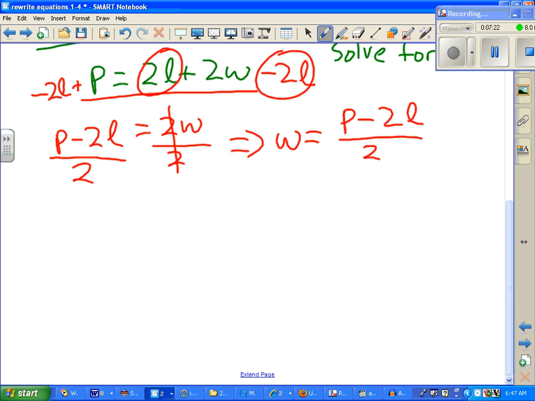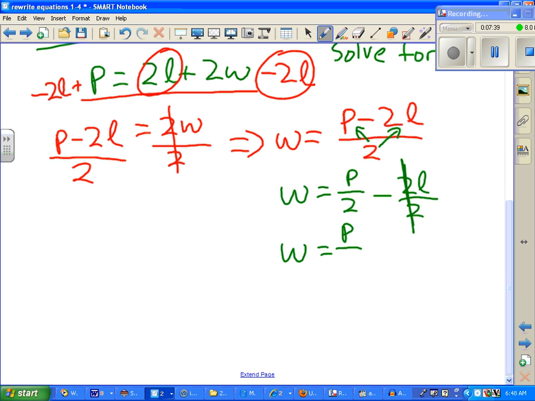Now I'm not quite done. I can put my denominator with both pieces of the numerator. So I can say W equals P over 2 minus 2L over 2. Well, 2 over 2 right here is 1. So my answer is W equals P over 2 minus L.